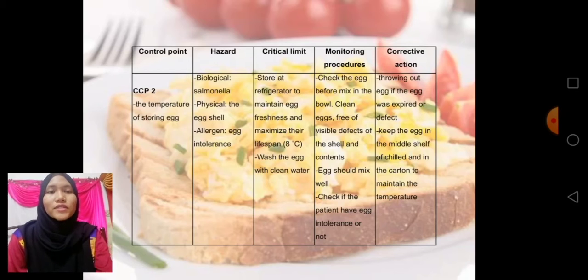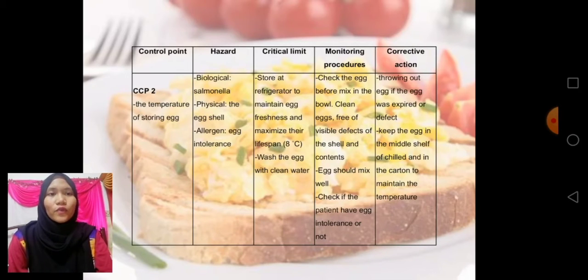The second one is CCP2, the temperature of storing the egg. As we know, egg has biological hazards such as salmonella, physical hazard the eggshells, and allergen hazard which is egg intolerance. So we store it in the refrigerator to maintain the egg freshness and maximize its lifespan. We use 8 degrees Celsius and wash the egg with clean water. We monitor the egg before we mix it in the bowl.